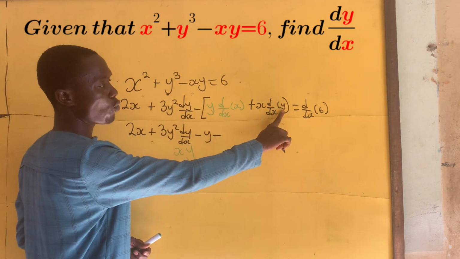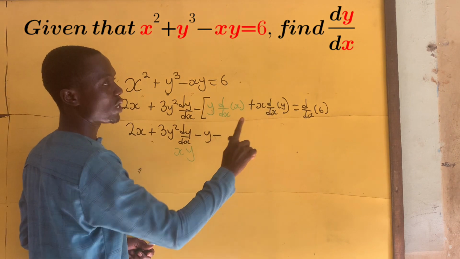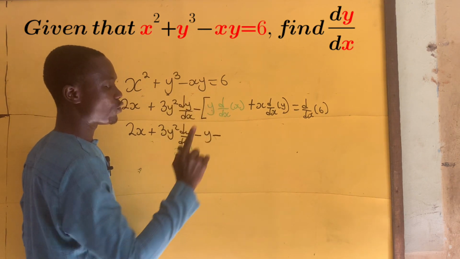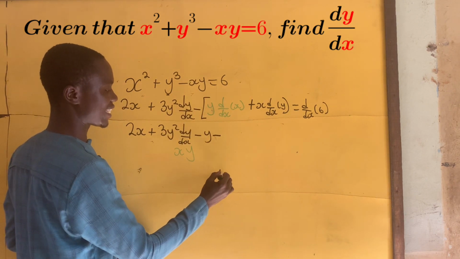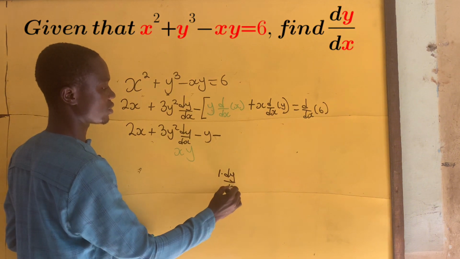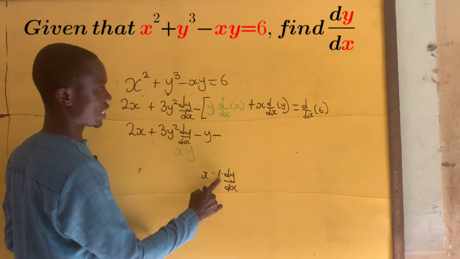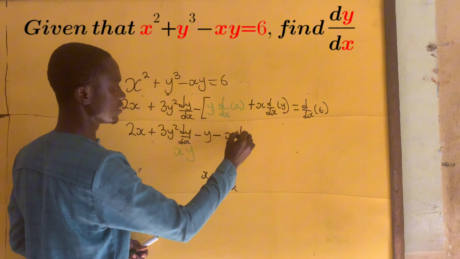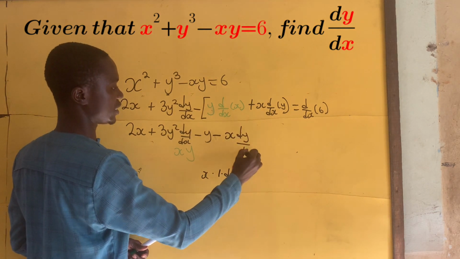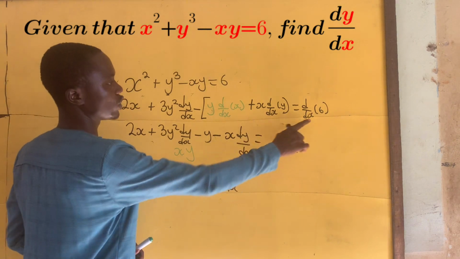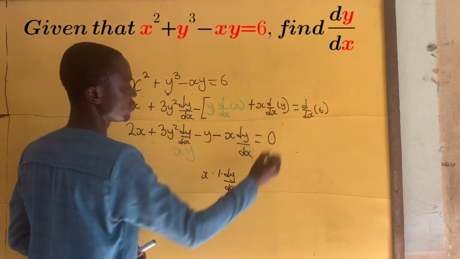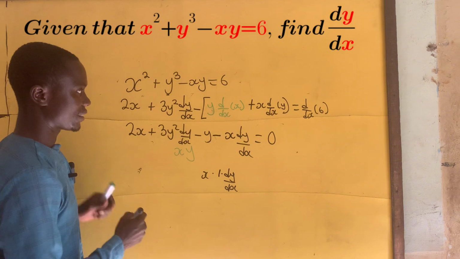If we differentiate y with respect to x, we are going to get 1. Then we attach dy/dx. So we are going to get 1 times dy/dx. Then we have another x there. So x times 1 will give us x dy/dx. It's equal to, if we differentiate the constant, 0.